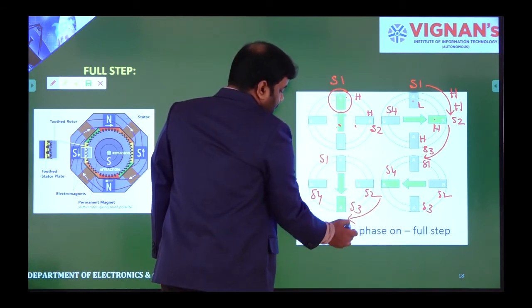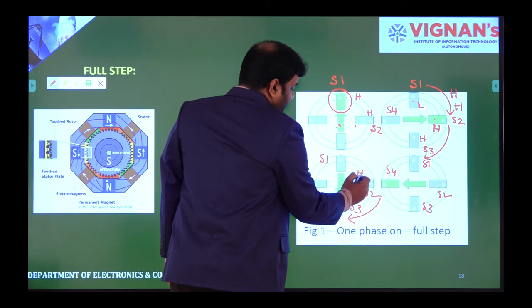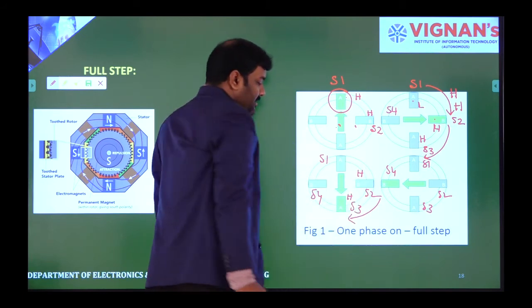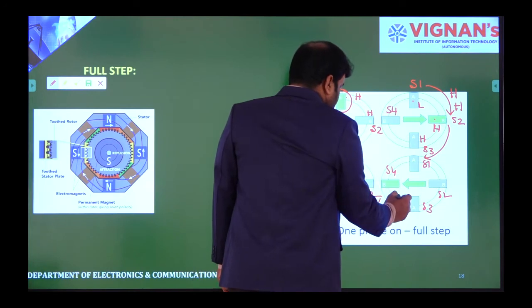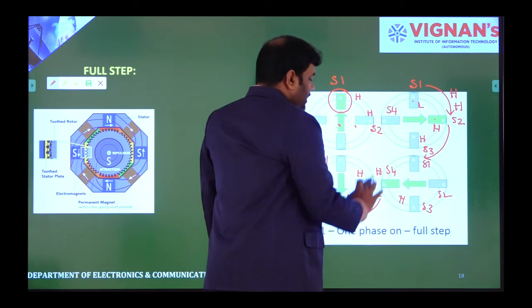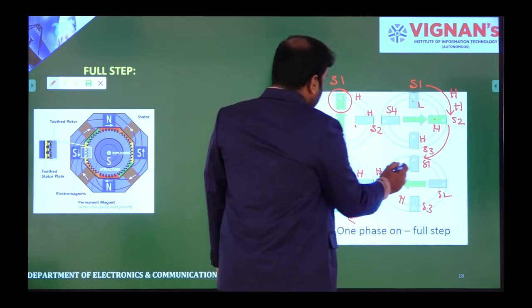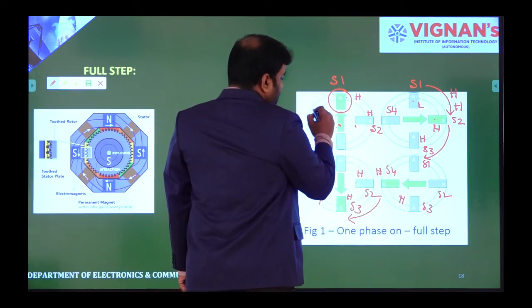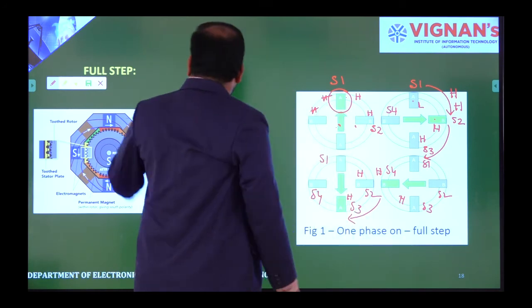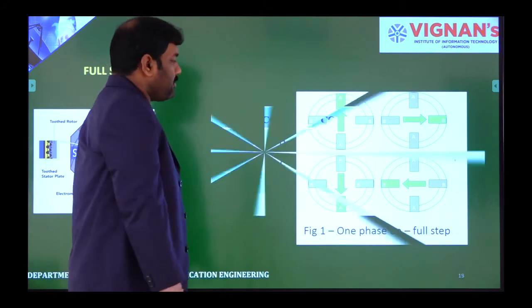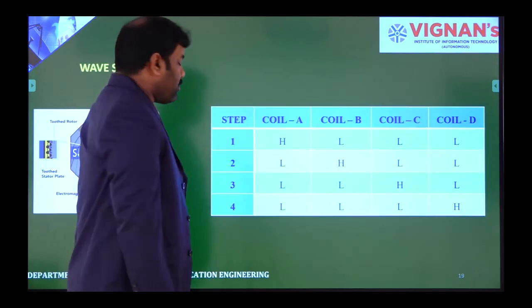Here I am using B as H and this one also higher. Whenever I need to change, here I need H, here also H. To return to the first position, either these 2 or these 2 have to be in higher mode. These are the full step operating modes of a stepper motor.